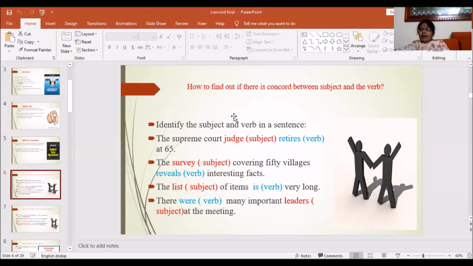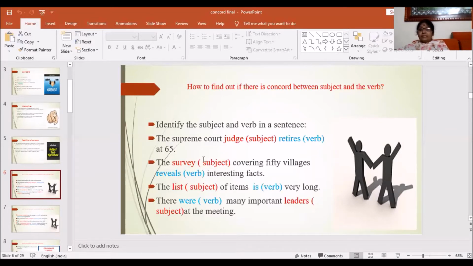Now, identify the subject and verb in a sentence. The first thing that you have to learn is to identify which is the subject we are talking about and which is the verb that has to agree with that subject. Let us do a small exercise to find out the subject and verb. Say, the Supreme Court judge retires at 65. Here, our subject is judge and our verb is retires, right?